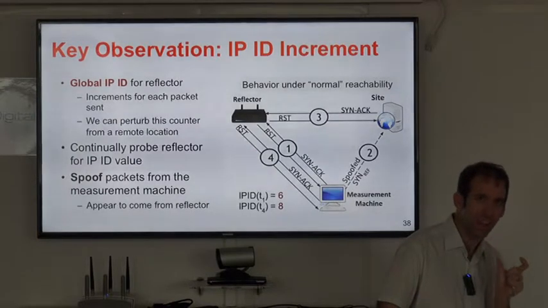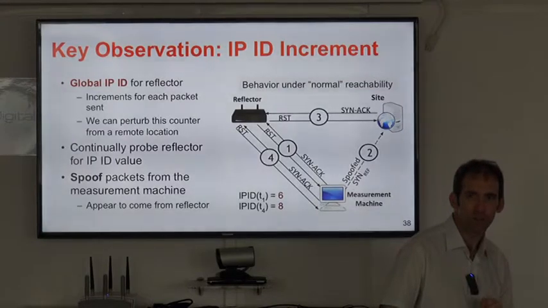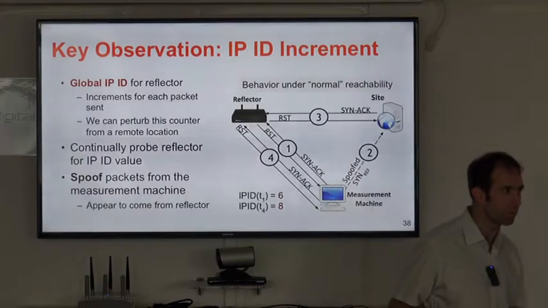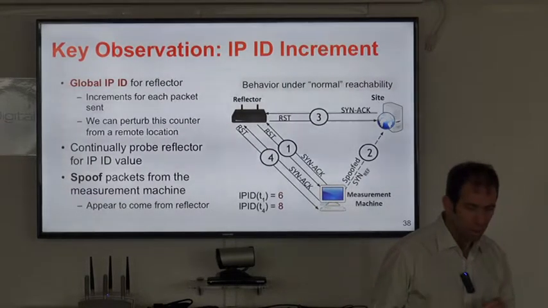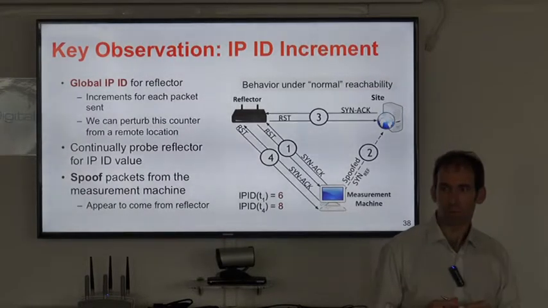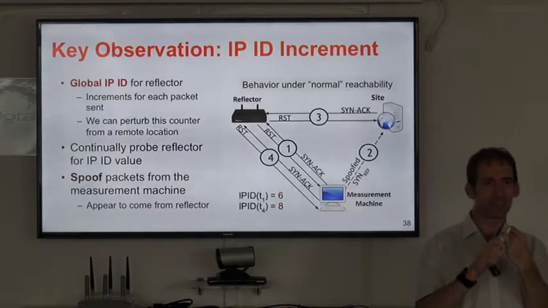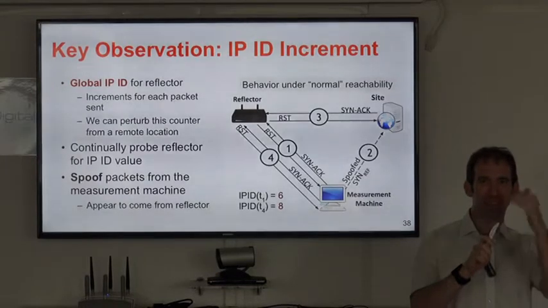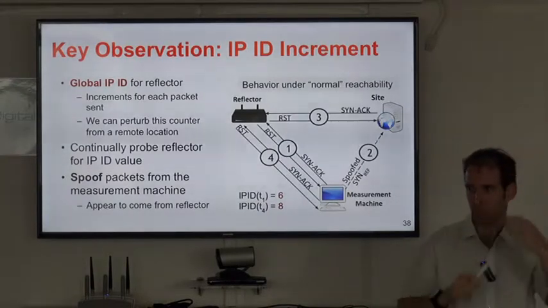This is a vestige of fragmentation. If you remember, IP packets could be fragmented before path MTU discovery. The IP ID is still there, and typically it increments. If a machine sends a packet, it will have an IP ID value. If it sends another packet, it will have the next IP ID value, typically one greater than the previous one, and so on.